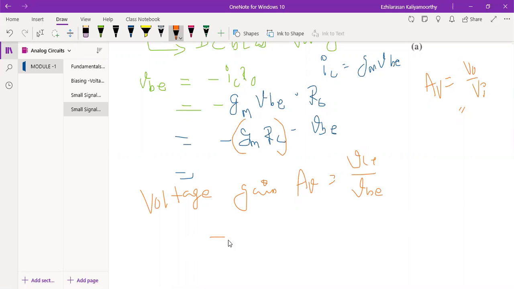So is equal to, now let us write what is vce. Output vce is already known, that is nothing but minus gm into RC into vbe, divided by vbe.